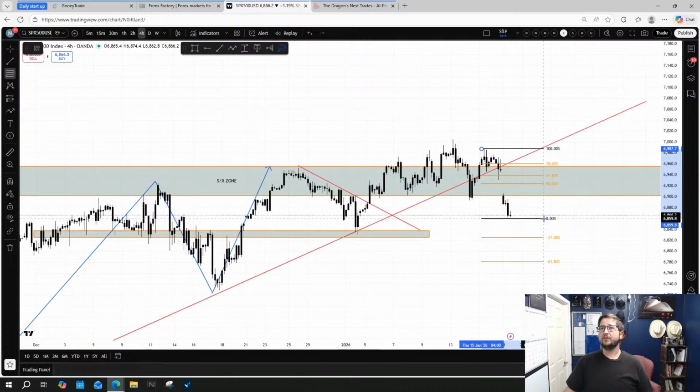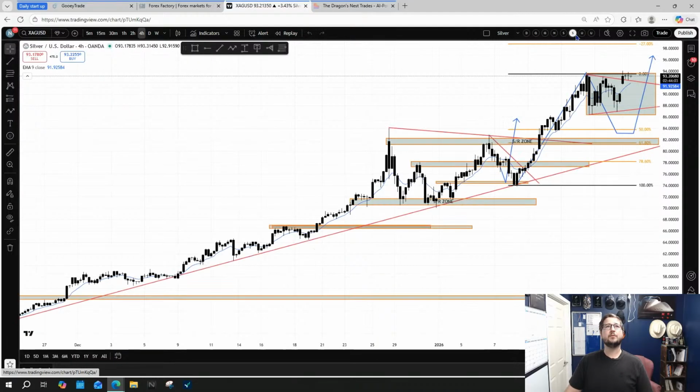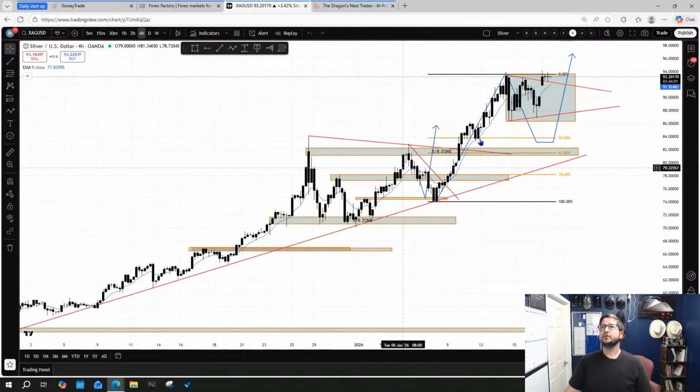So whenever we find footing here, we're going to wait for the pullback zone, between the 50 and 78%, and then we're going to be looking for a continuation. So that is what I'm looking at as of right now, based upon the 4 hour, but we are currently in the continuation phase. So let's jump right into silver.